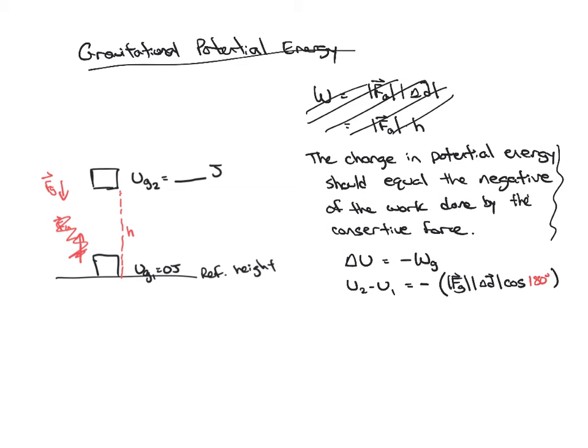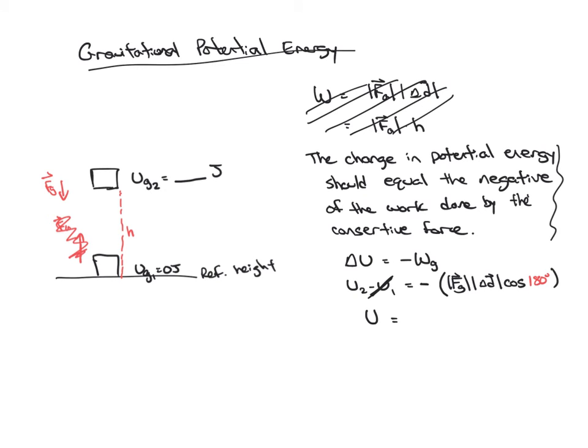So it started on the ground, the reference height. So U1 is 0. So the gravitational potential energy at my position above the ground will equal, so the negative and the cos 180, that's basically two negatives. It makes a positive.